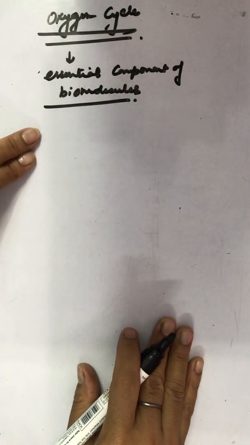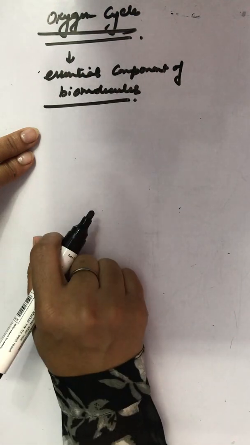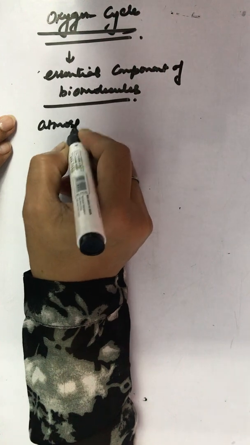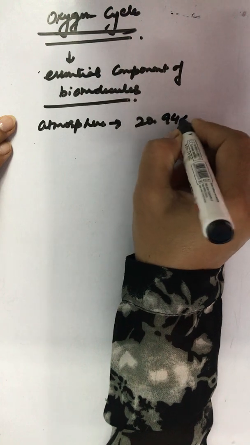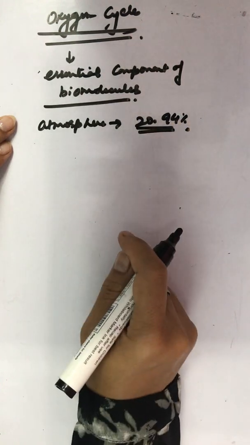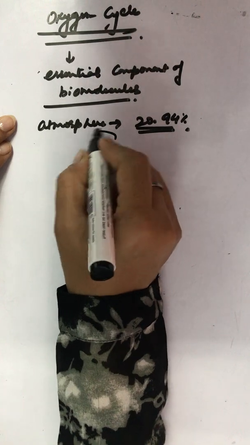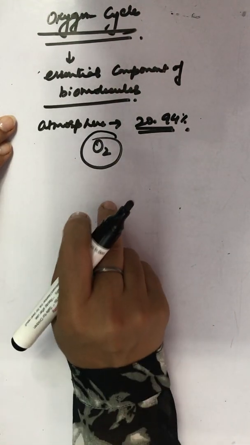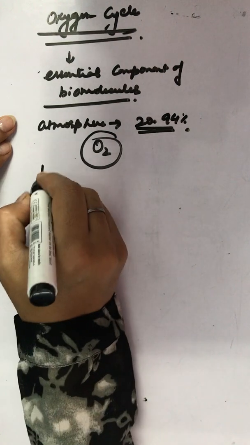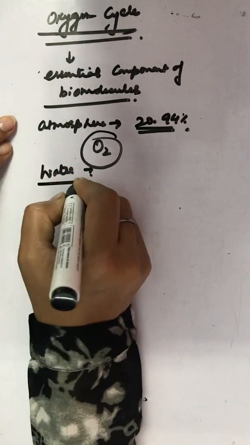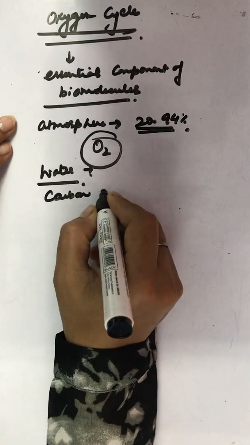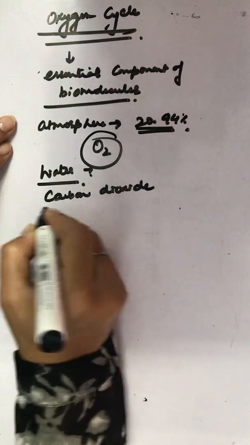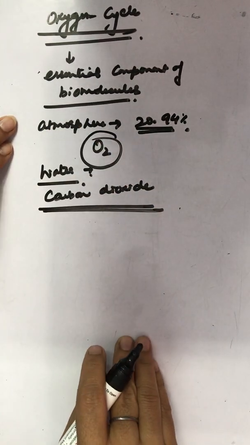It is needed for respiration as well. Main sources. From where is it obtained? Normally from the atmosphere. About 20 to 94% of it is obtained from the atmosphere in the molecular form. Molecular form means O2 form. Some oxygen is found dissolved in water as well. Traces in water, and a part of it is in the form of carbon dioxide as well. But the available form is from the atmosphere.